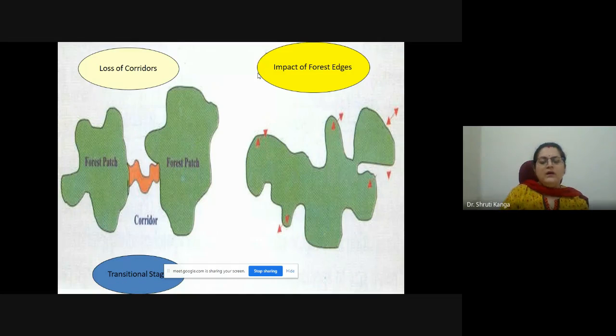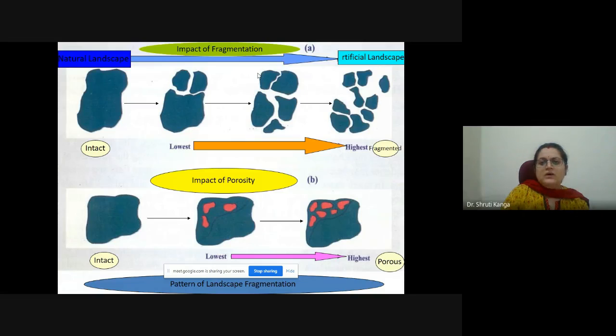Then obviously if there is fragmentation, there might be some wildlife sanctuaries, or wild flora and fauna, for whom this forest is acting like a shelter, and it is also providing them food, shelter, and everything.